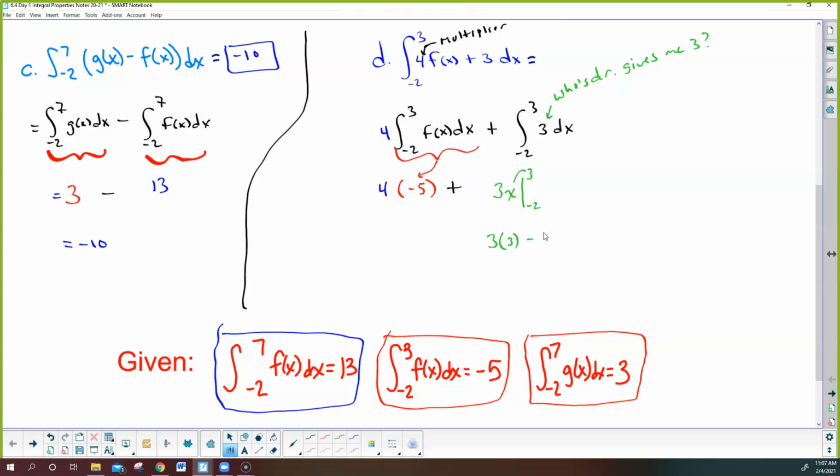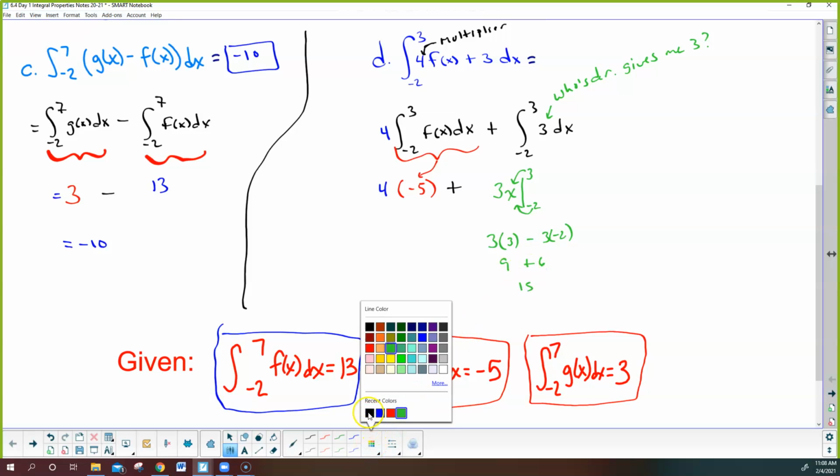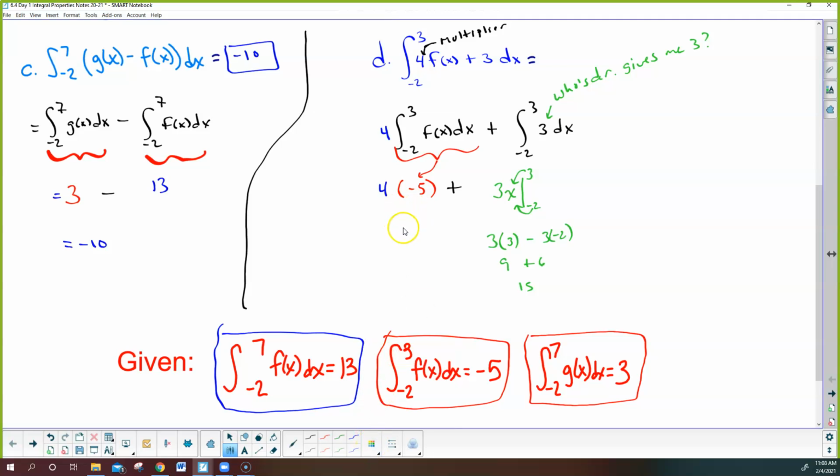And then I'm going to subtract the value of 3x when we plug in negative 2. And this becomes 9 plus 6, which is 15. And if I simplify this piece, I get negative 20. And then just know that those have to be added together. My overall answer is negative 5.